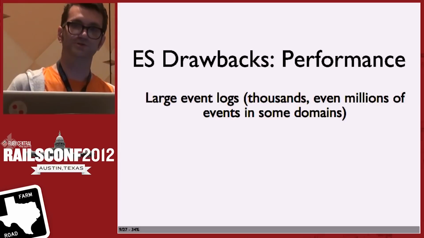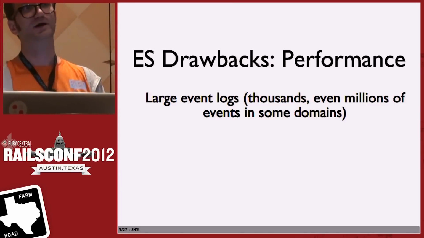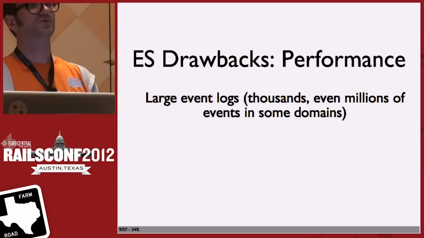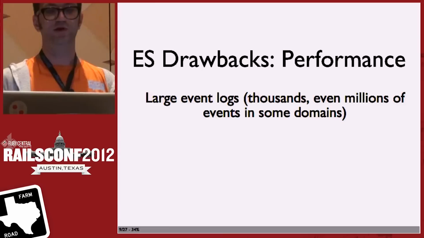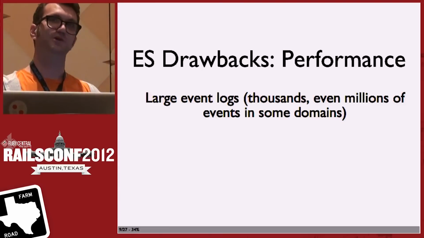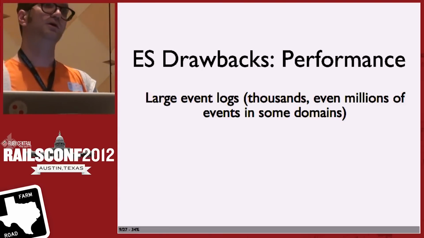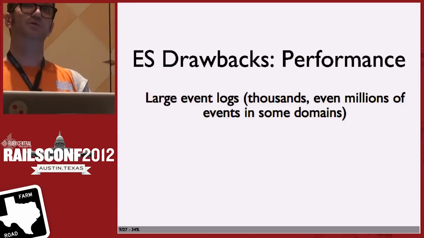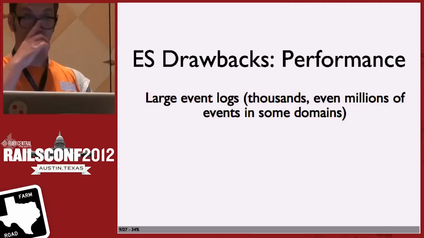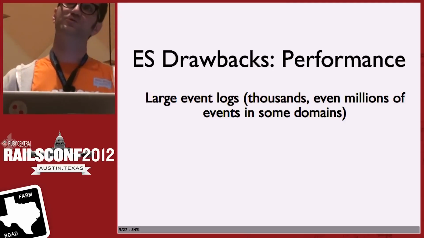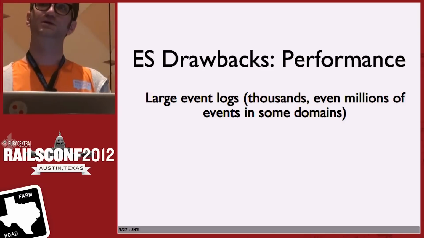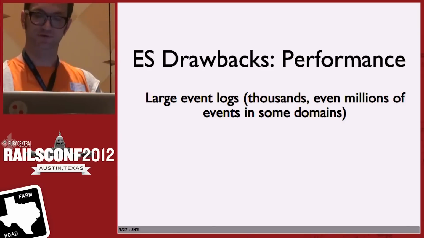Another drawback can be performance. In some areas, it's common to have really large event logs. Think about a stock trading kind of domain where millions of trades happen even in a day sometimes. Trying to replay all those events to get to the end state would be performance heavy.